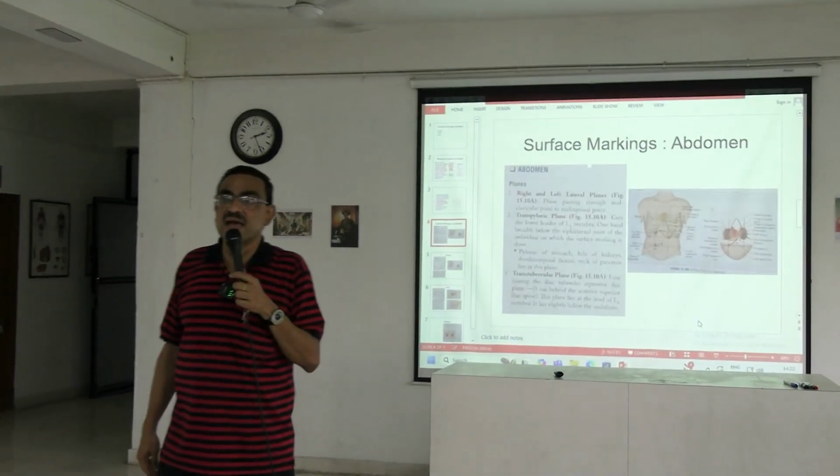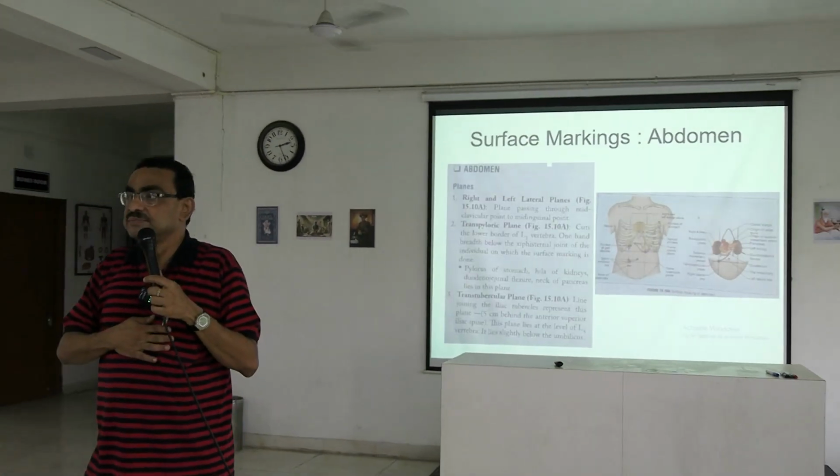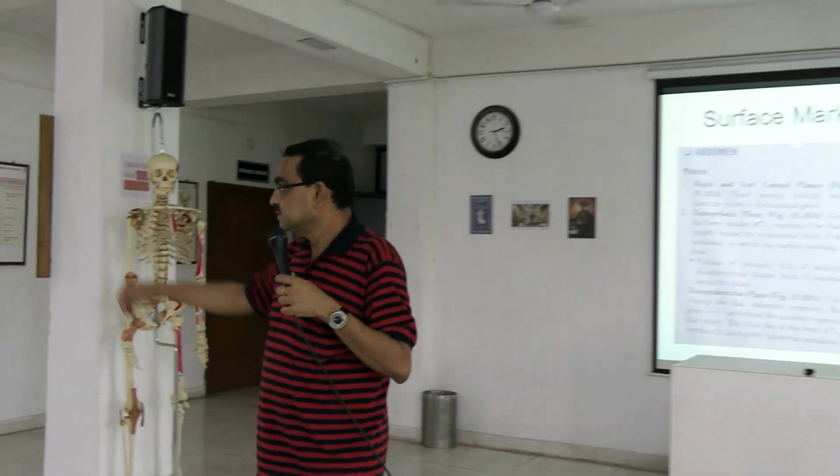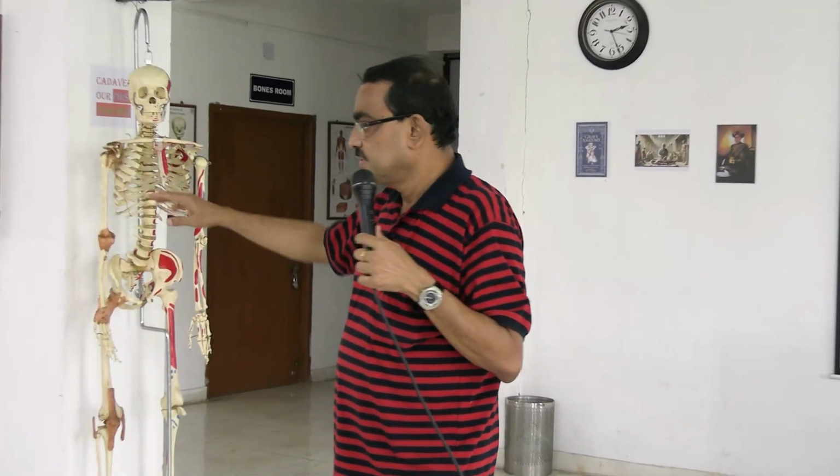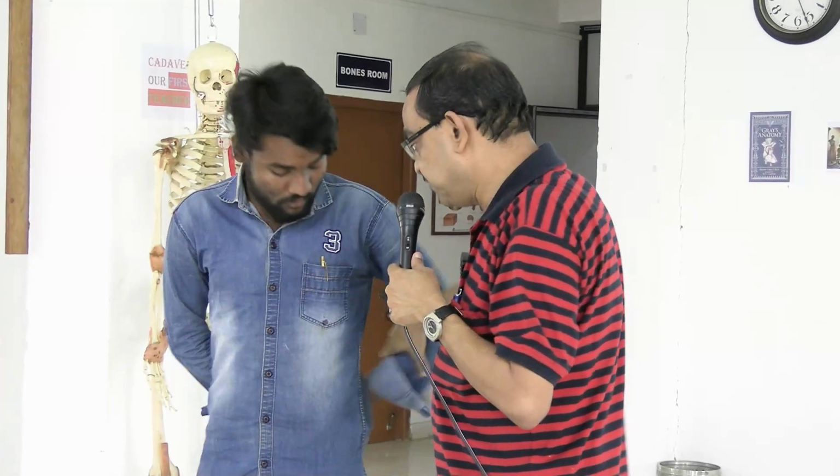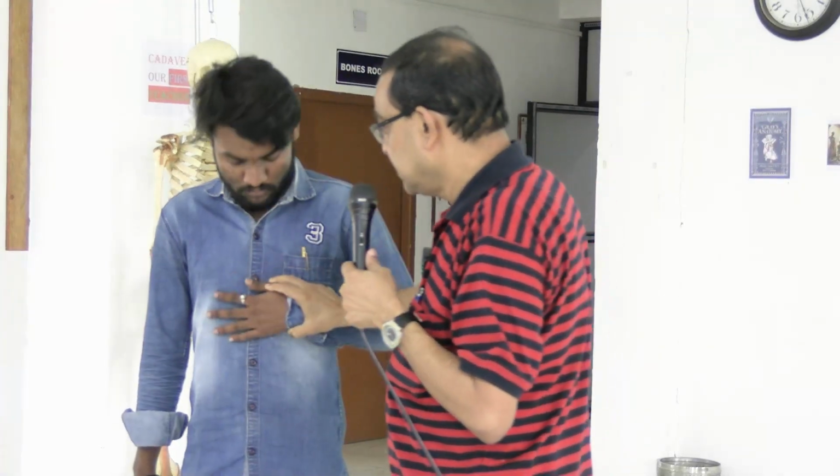Now we can get another plane, because we can imagine there is the xiphisternum, and if I place the hand just below the xiphisternum, the hand should be of the same person, not like mine.